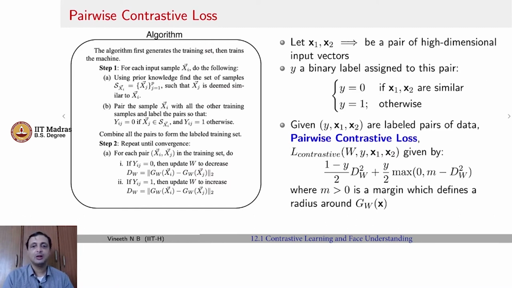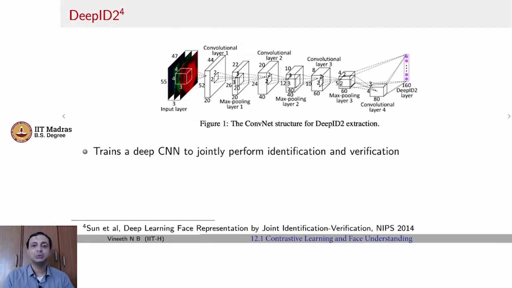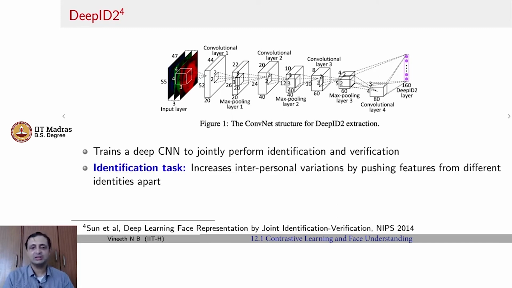This idea is used in the subsequent network Deep ID 2, which was proposed in NeurIPS of 2014. So this, similar to DeepFace, trains a deep CNN to jointly perform identification and verification, where it can be argued that the identification task increases interpersonal variations.